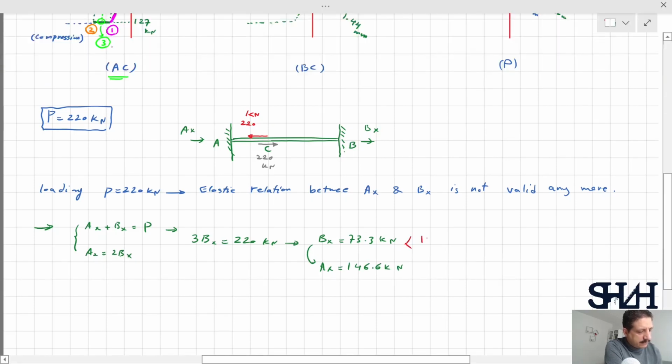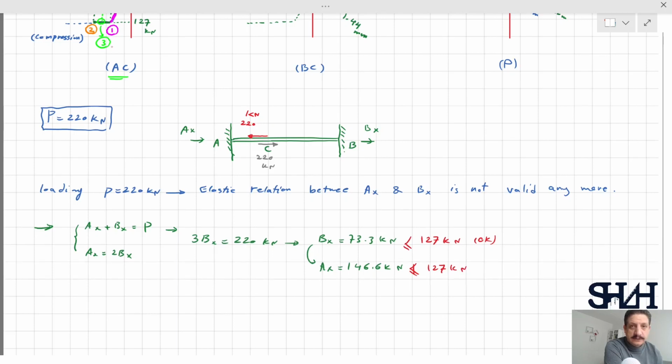BX is less than 127 kilonewton, and this is fine. But if we look at AX, it is greater than 127. And this is greater than the yielding force of the element, so this is not fine.